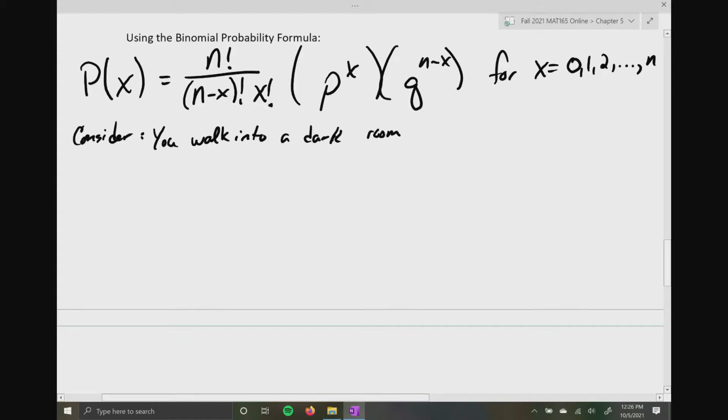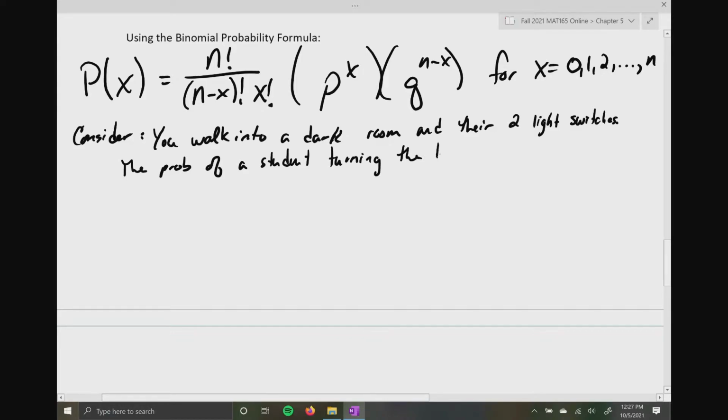Okay? And normally, and I see this all the time in teaching, all right? So you walk into a dark room, and there are 2 light switches. Okay? And the switches are either going to be on or off. The probability of a student turning on the lights is 0.30.